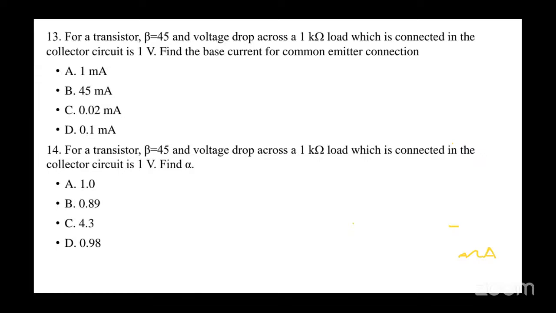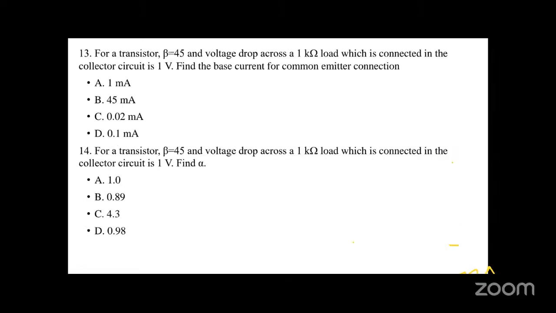So how do we go about this? The first thing to do is we need to find the collector current. We have VC and the load resistance, so IC is equal to VC over RL.